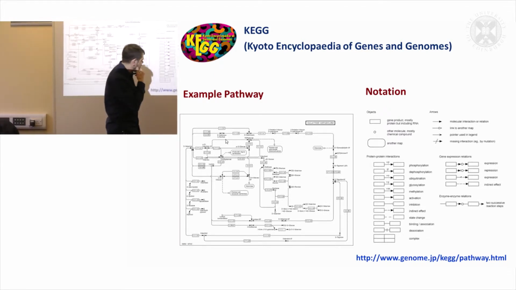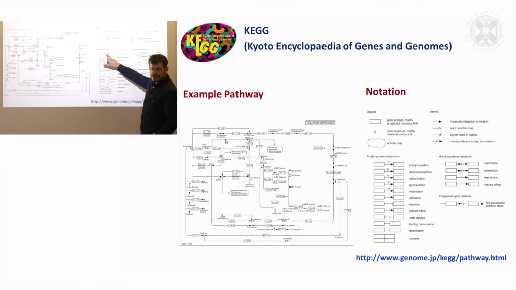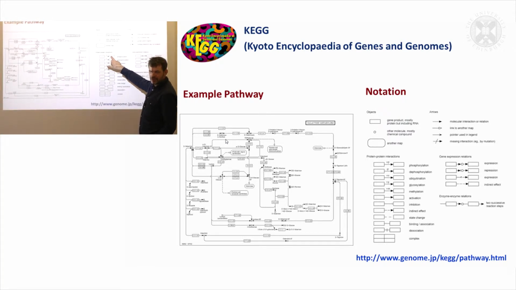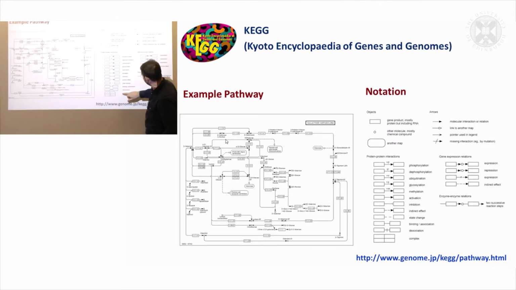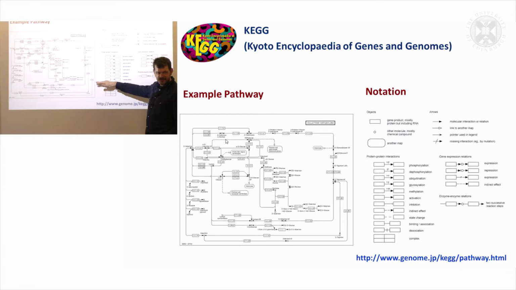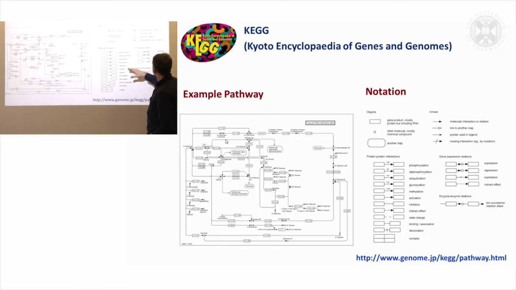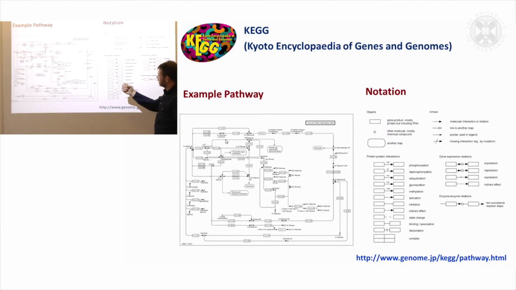Here they show that this line with a plus P is phosphorylating this, and this is a dephosphorylation because it's a minus P. I can't actually read these, but these are various other interactions: glycosylation, methylation, activation, inhibition, etc. So they use different lines to represent different events, and I think it's reasonable to say that it's a usable system, but it's actually quite a crude system in terms of what you can represent.